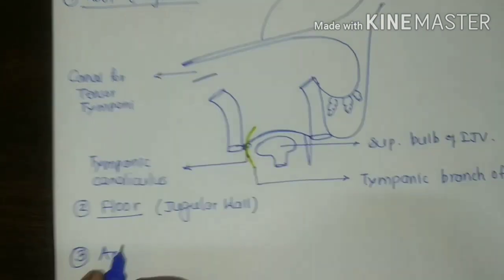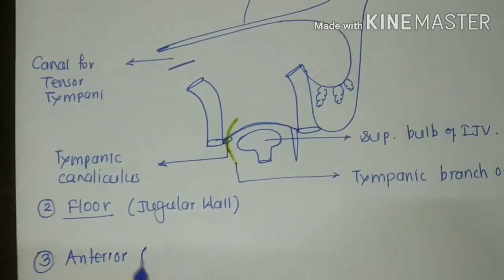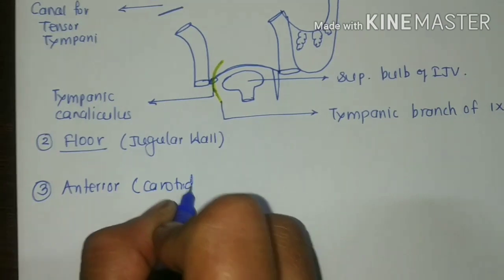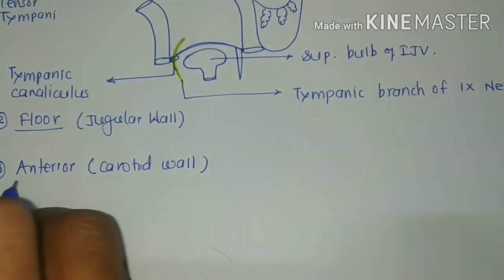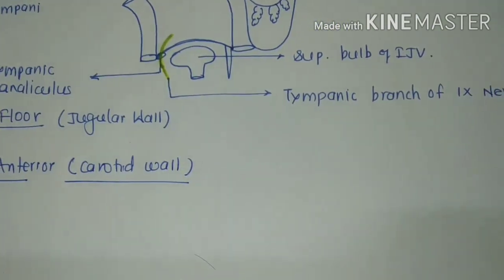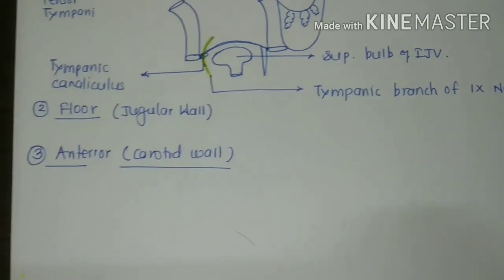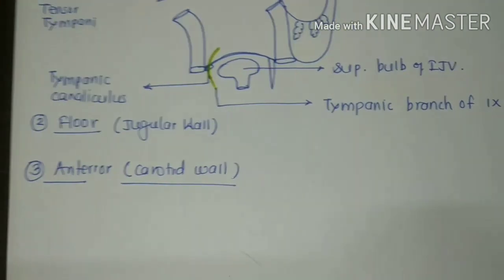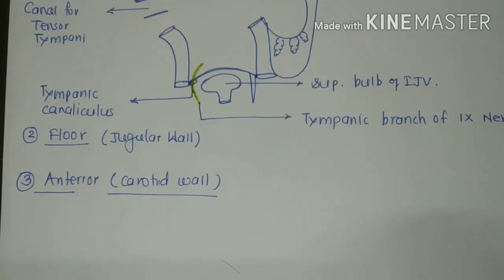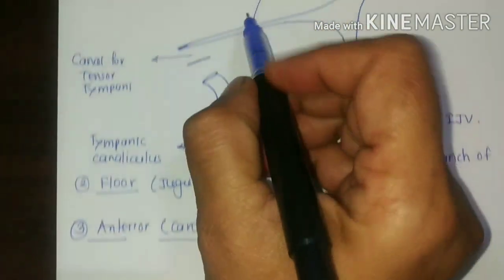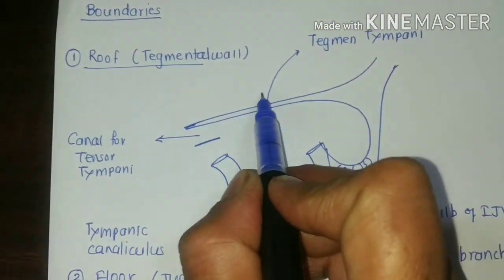So the anterior wall, it is also called as carotid wall. Now the anterior wall, it is constricted. Why it is constricted? Due to approximation of medial and lateral wall and descent of the roof.